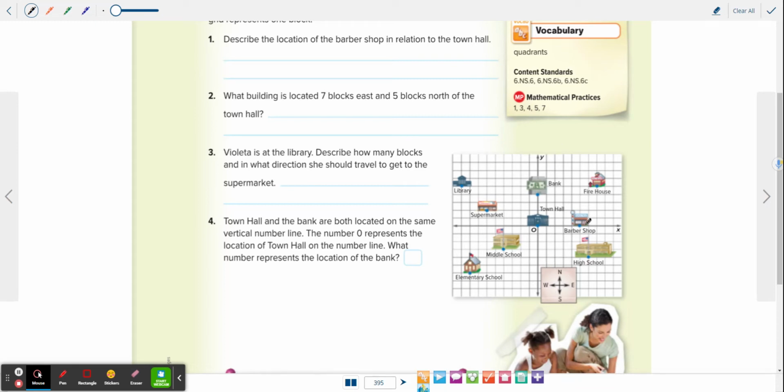So if we look at town hall, the barbershop is east of town hall, but we want to know how many. So we need to count. There's one block, two, three, four. It's 5 blocks east of town hall. So that's what we're going to write. We're going to say it's 5 blocks east of town hall.